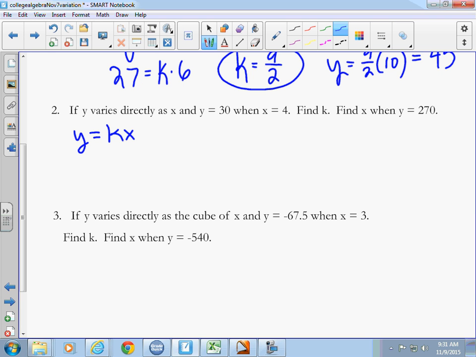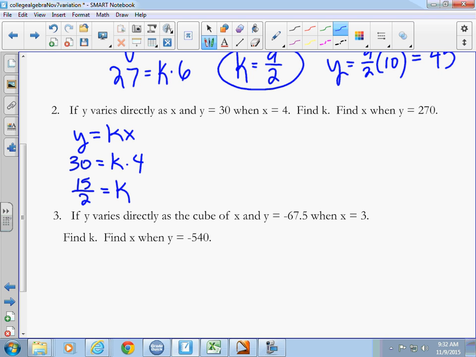Y is 30 when x is 4. Divide both sides by 4. So I get 30 over 4 or 15 over 2.